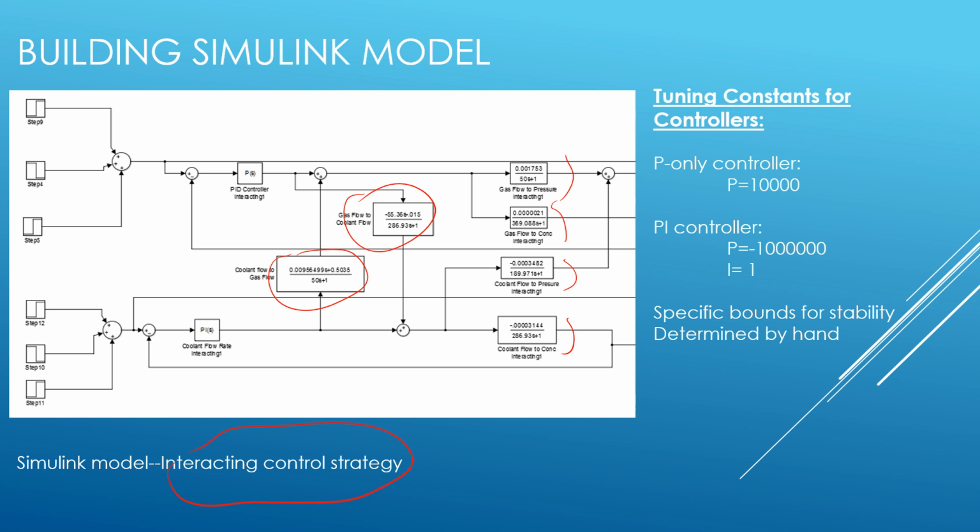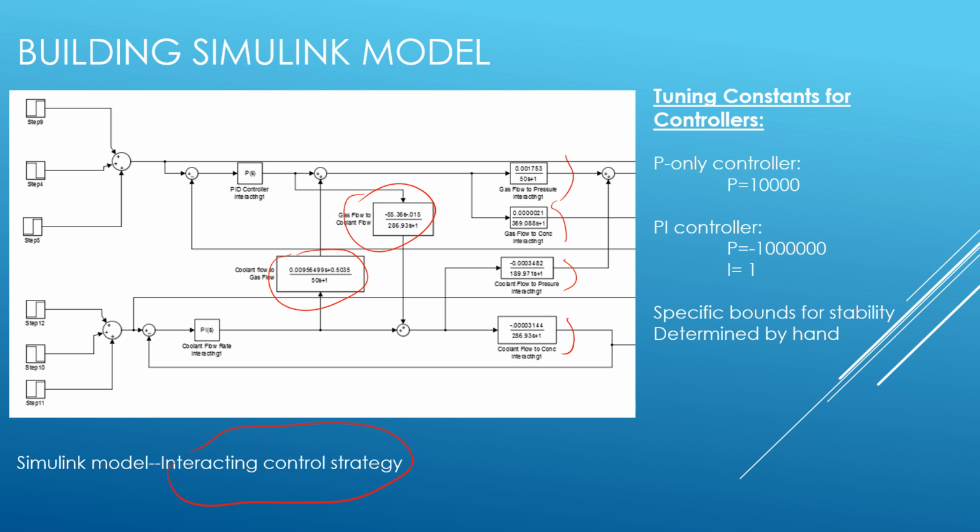So you'll notice we have our controller tuning parameters on the right, and they're rather large values. So we have a value of 10,000 for our P-only controller, which makes sense for this process because as you see a large numerical value change in set point for mass flow rate, you only see a small response in pressure.